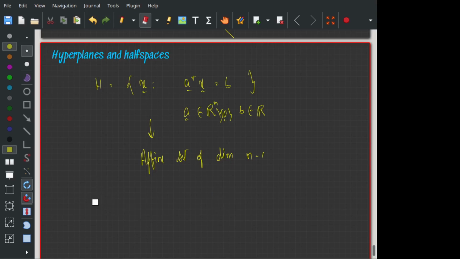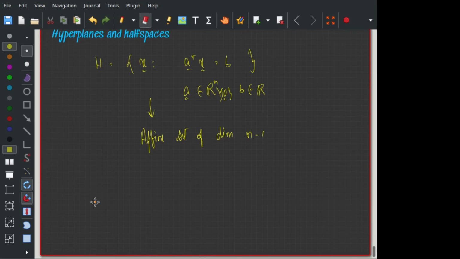So it's going to be an n minus 1 dimensional set, and essentially the set of all X such that A transpose X is greater than or equal to B.